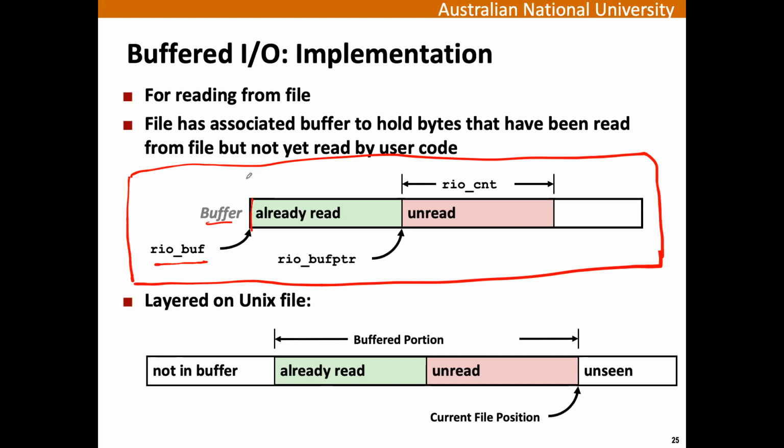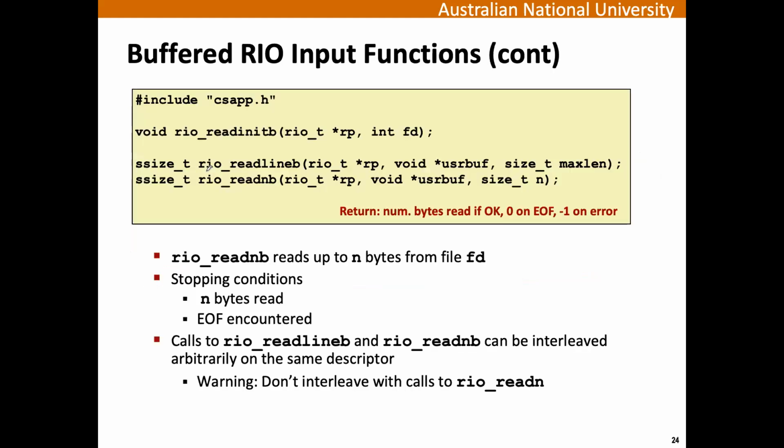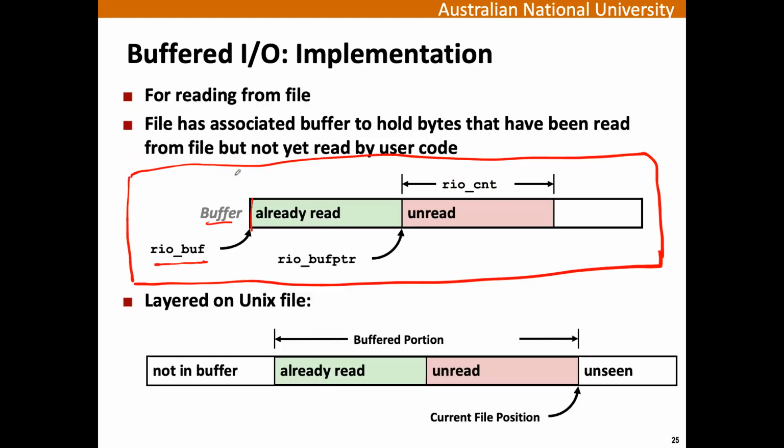And whenever the user calls one of these functions, read a line or read some number of bytes, what the function actually does is try to fill this buffer. If the user says n bytes, it reads some number of bytes, n multiplied by, I don't know, 16 or something.